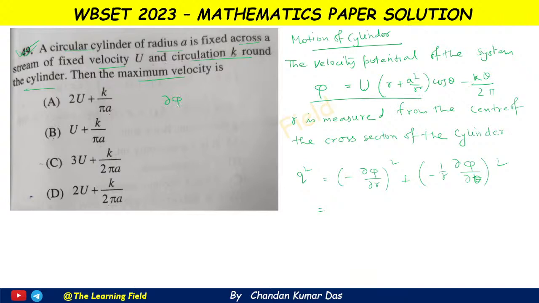Del phi del r equals U into 1 minus a square by r square into cos theta, and del phi del theta equals U into r plus a square by r into minus of sin theta minus k by twice pi.